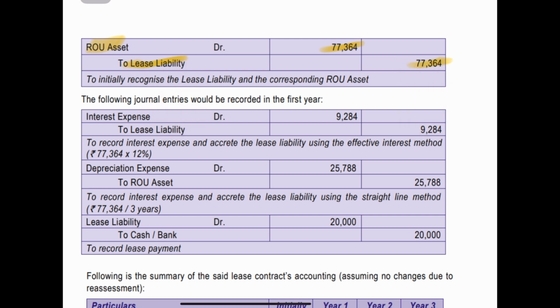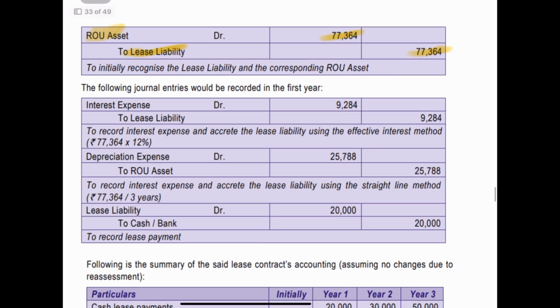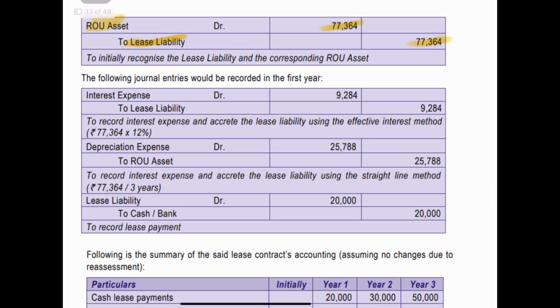This is the initial measurement, and subsequently you have to account for the interest expense and depreciation. First year interest expense as per our working comes to 9,284. So interest expense should be debited to this extent and lease liability should be credited. And for the depreciation for the first year, you debit the depreciation account and credit the ROU asset account. At the payment, you debit the lease liability account for the first year and credit bank 20,000 rupees.